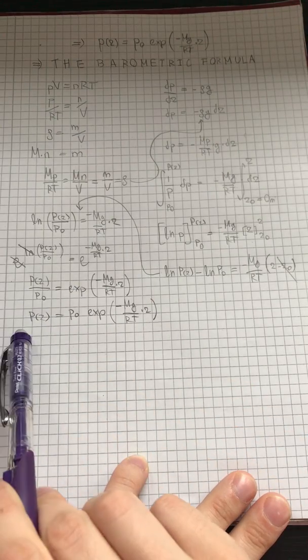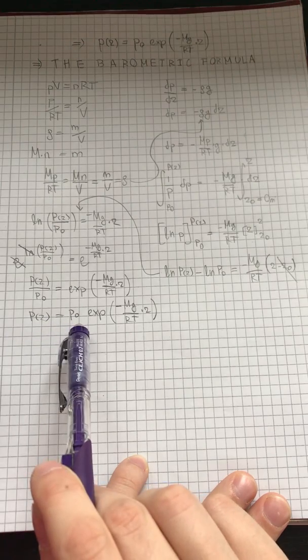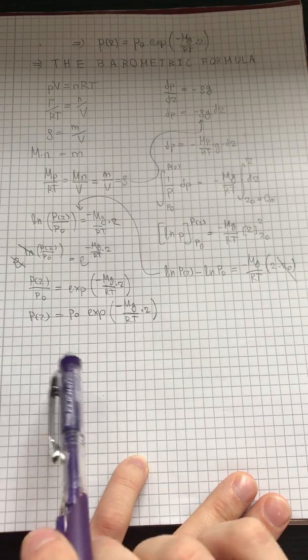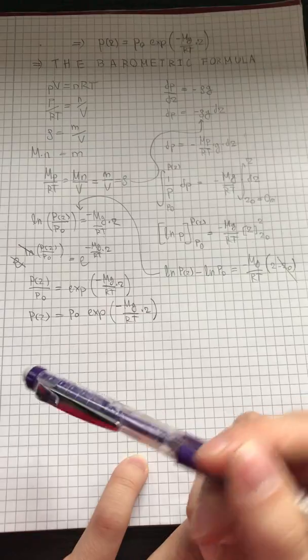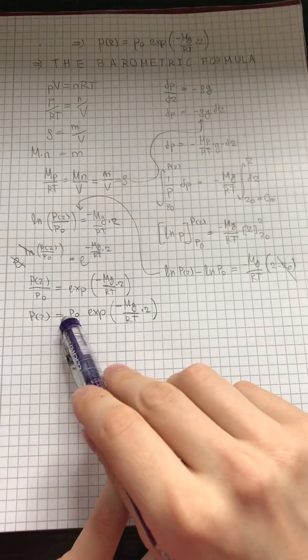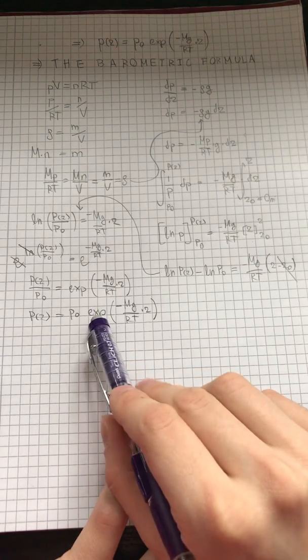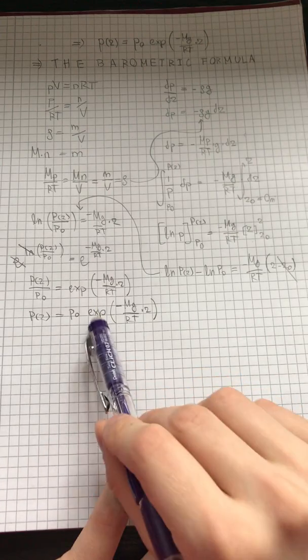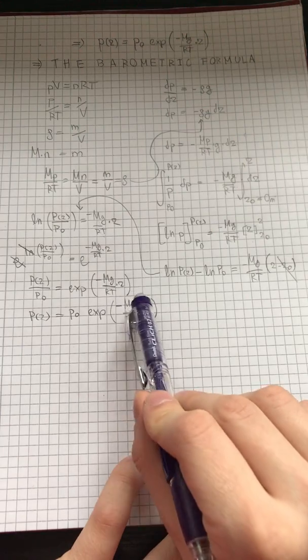So once again, pressure in terms of height is equivalent to base pressure, whatever the pressure is at the surface. In atmospheric physics, that would be standard pressure, which is 1013 hPa, or, correct me if I'm wrong, 1013 multiplied by 100 Pascal.